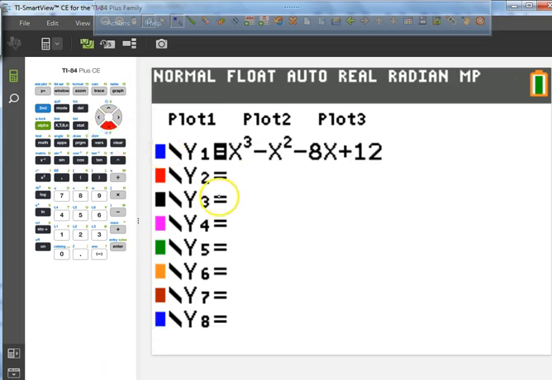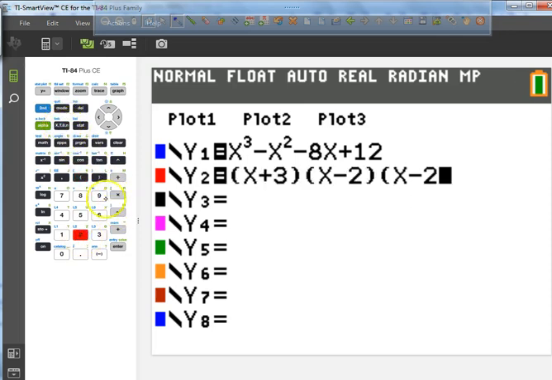Now, underneath it, open parentheses, do x plus 3, close parentheses, do x minus 2, and another x minus 2. We said this was the factored form.